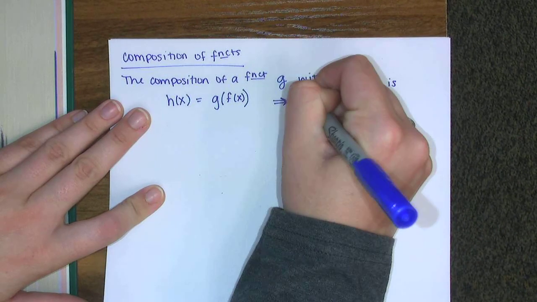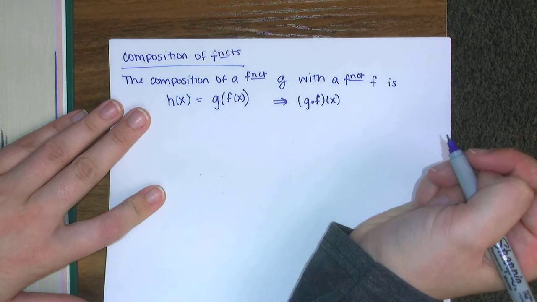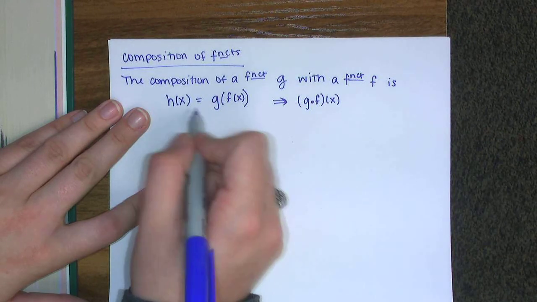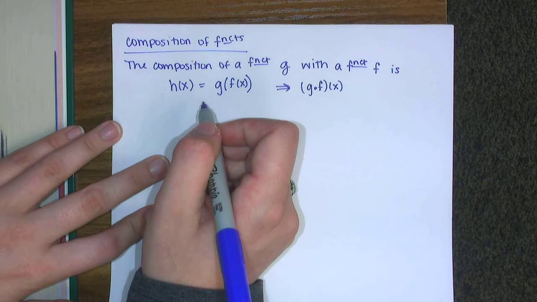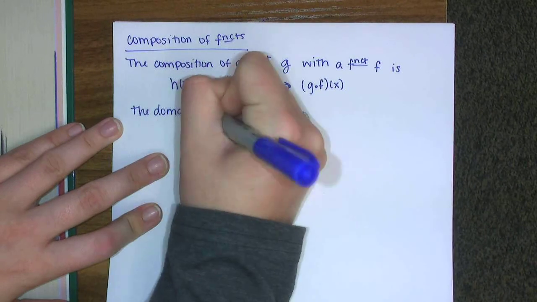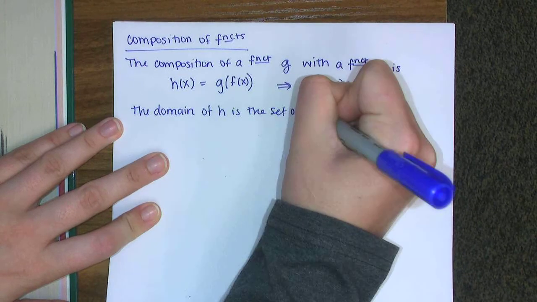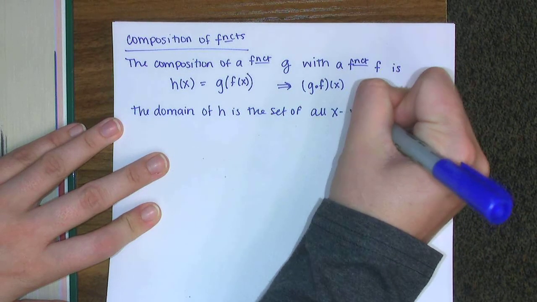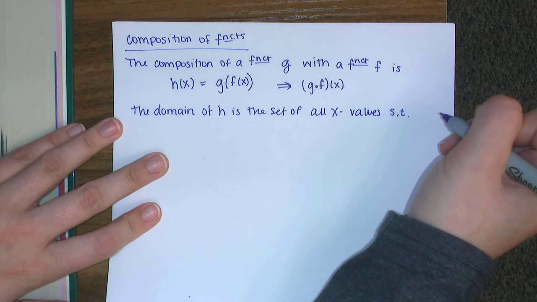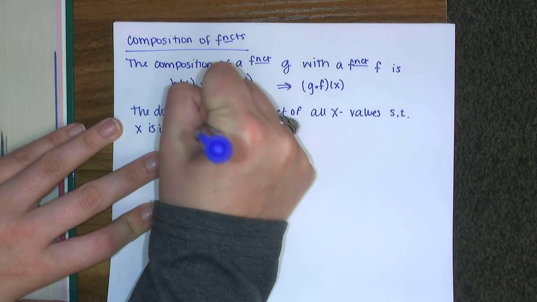Okay, the domain of h is the set of all x values such that x is in the domain of f and f of x is in the domain of g.